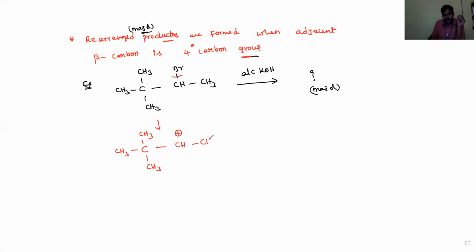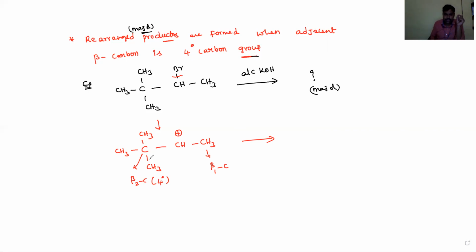This secondary carbocation intermediate is unstable, and here two beta carbons are there. This is the beta1 carbon, and this is the beta2 carbon. This beta2 carbon is a quaternary carbon. Immediately a methyl group shift takes place.